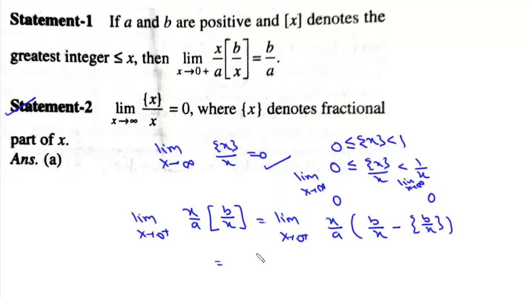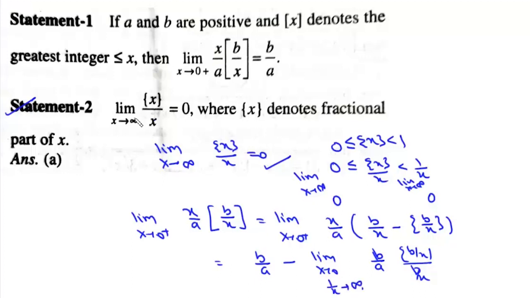Now we can write this as b upon a minus the limit as x tends to 0 of, rearranging, 1 upon a times b by x, and this is 1 by x. We'll multiply and divide by b also. Now when x tends to 0, 1 by x tends to infinity.